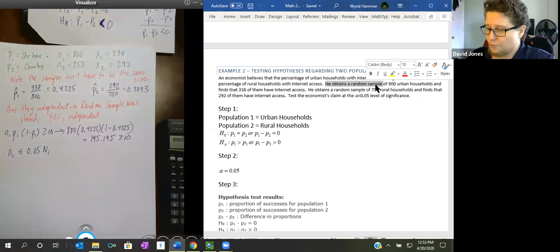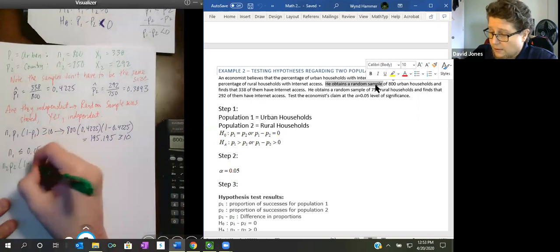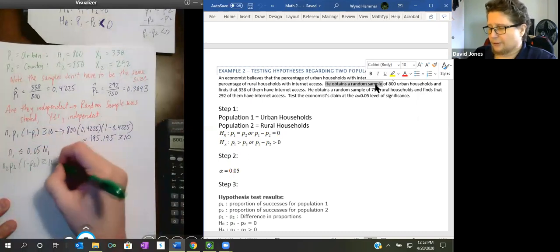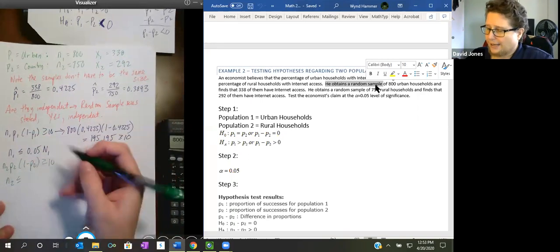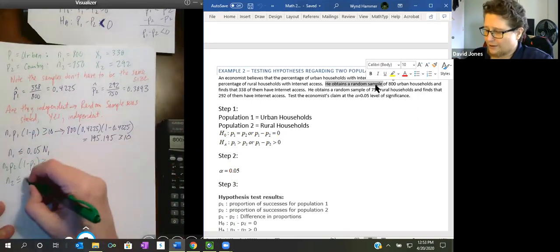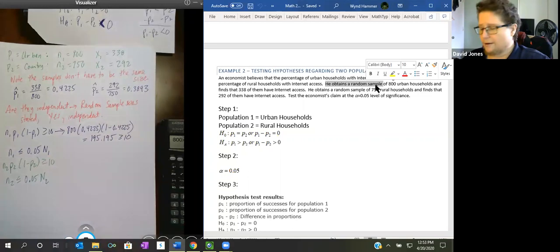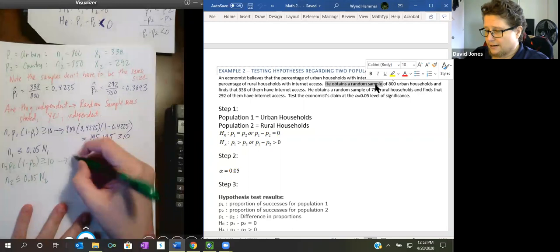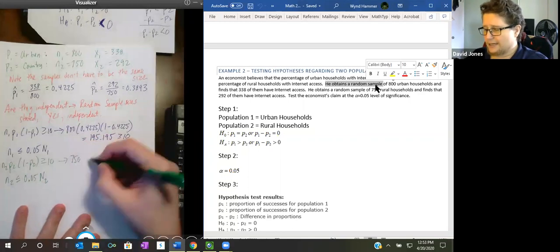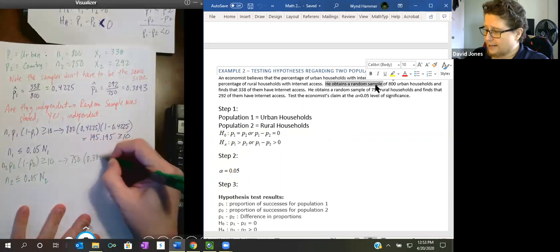Now we check N2 P2. Is that greater than or equal to 10? It already looks pretty clear. There's a lot more than 750 country homes in the country. So N2 is definitely less than 5% of the country's population of country homes. What do we have for this one? Here, N2 is 750. P2 is 0.3893.